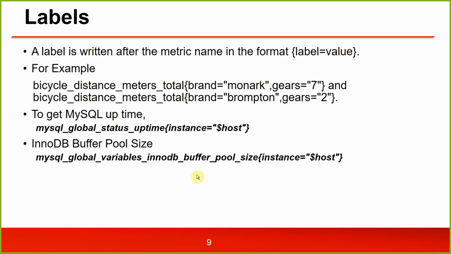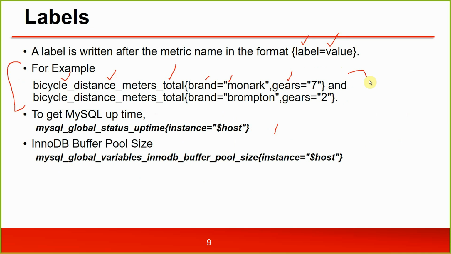Labels are written after the metric name in curly braces with label equal to value. That will give you filtering, or a more precise example. For example, bicycle distance meters total where the brand is Monarch and gear is 7.